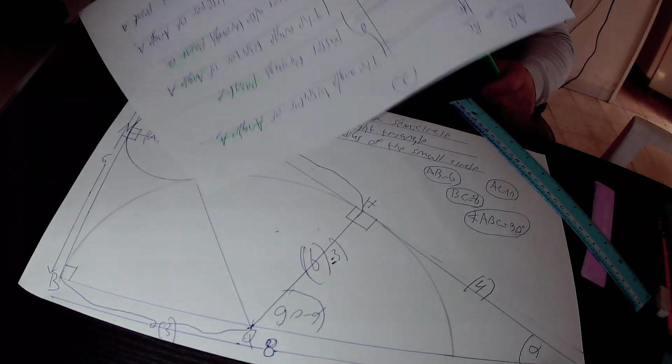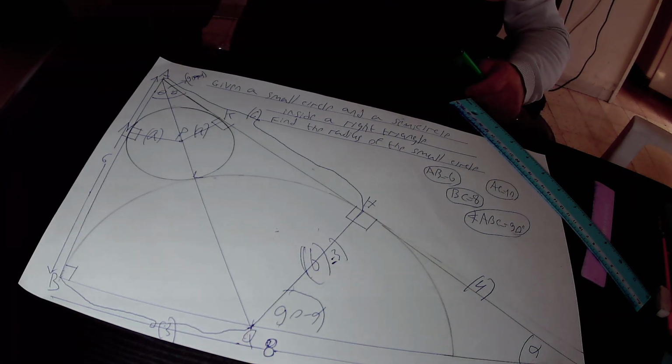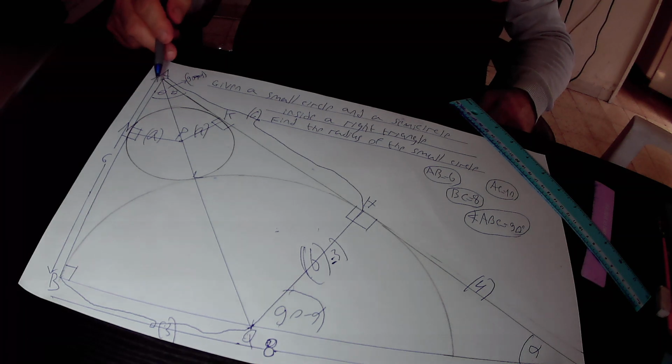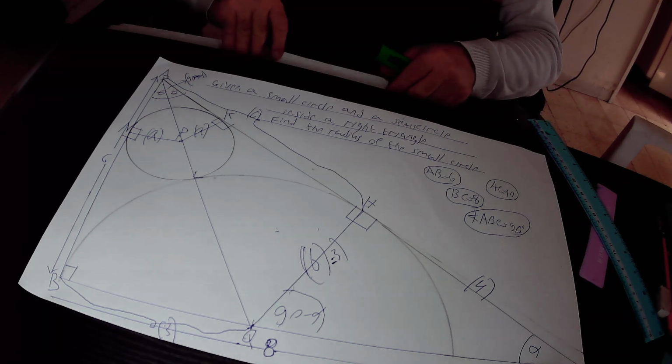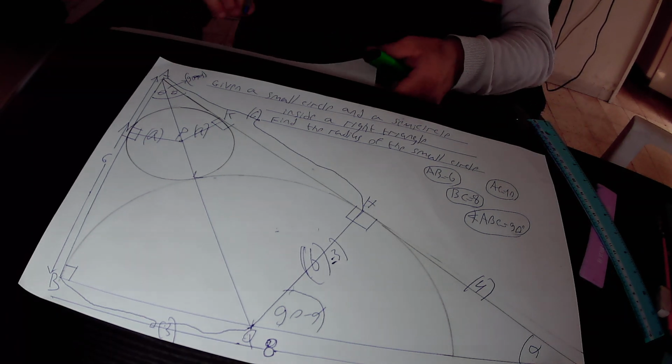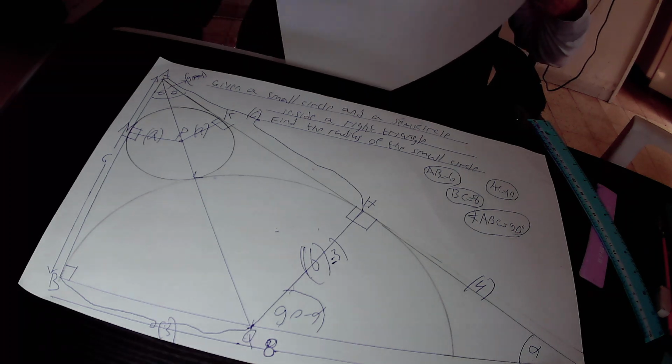In conclusion, we shall find out that the angle bisector of this angle A passes through points A, P, and Q. So I write it down.